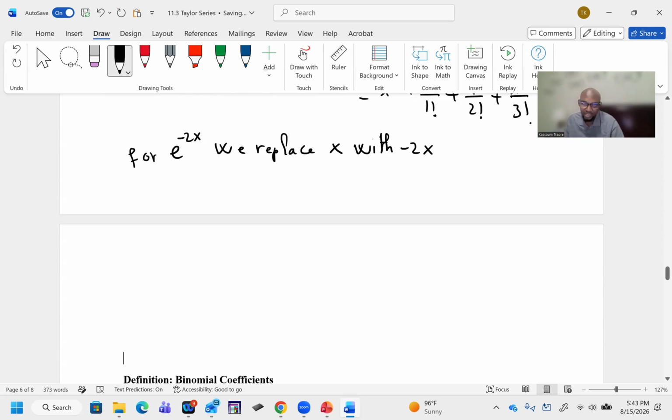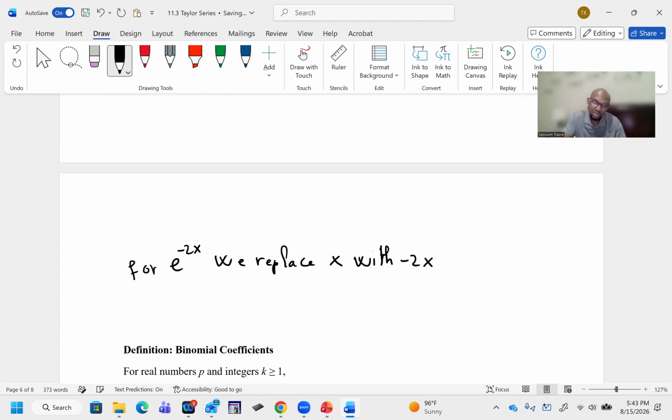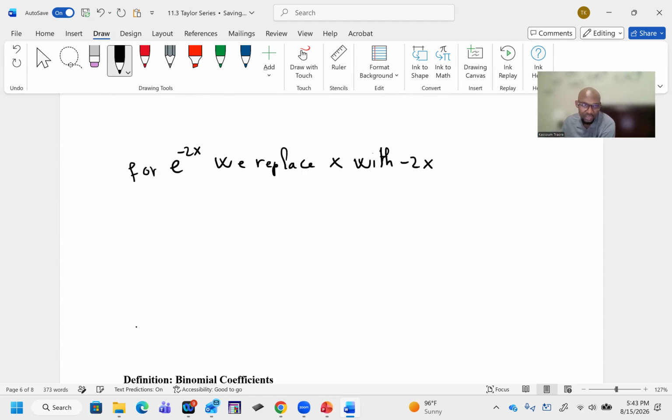If we do that, we'll have the sum from k equals 0 to infinity of negative 2x to the power of k divided by k factorial.